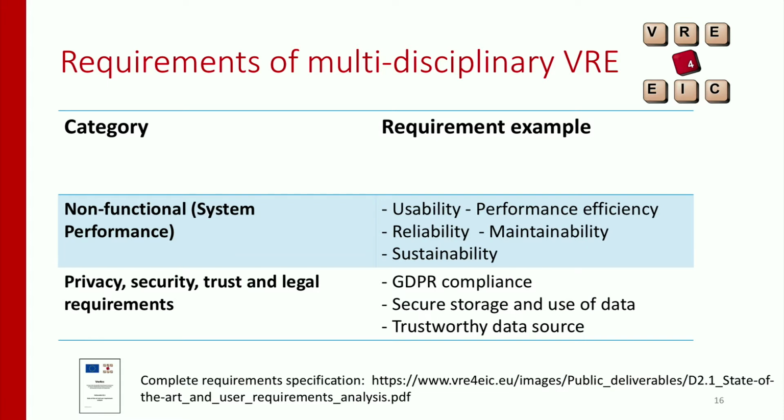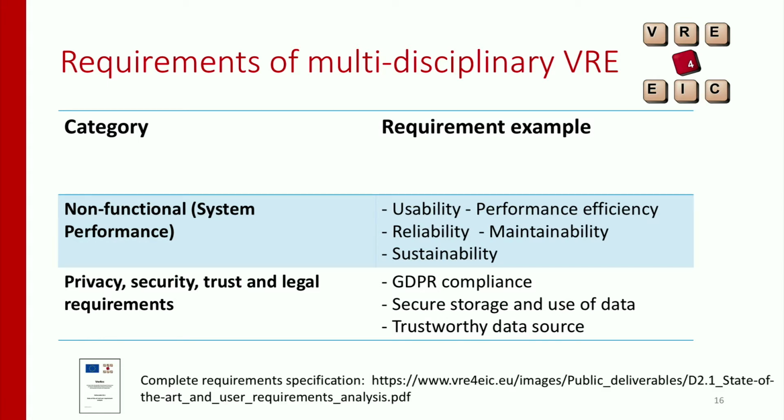Non-functional requirements define the software performance-related objectives such as usability, stability. Security, privacy, trust, and legal requirements define the needs of system design in compliance with regulations and improvement measures in terms of improving users' overall trust on the VREs.